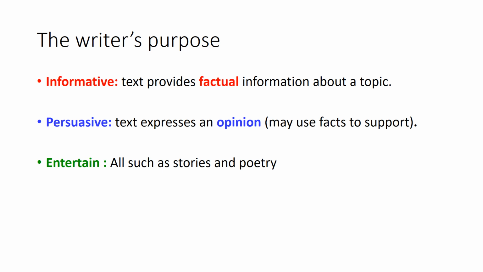There are 3 main purposes for a writer to write. Number 1, informative. And these are texts that provide factual information about a topic. Second, persuasive. And these are texts that express an opinion, that is the writer's opinion, and it's a text that's written to try to convince you of something or trying to put forward a person's opinion, and many times the writer may use facts to support this.